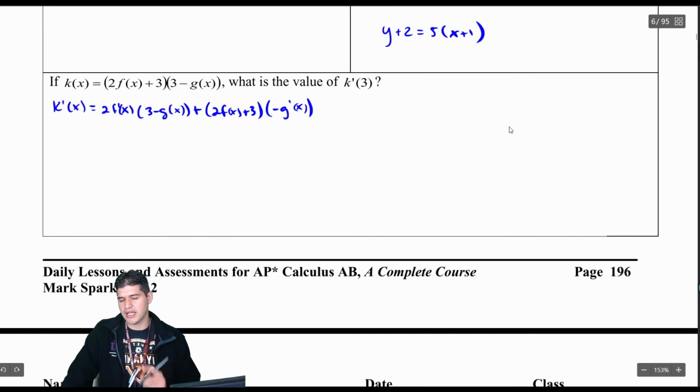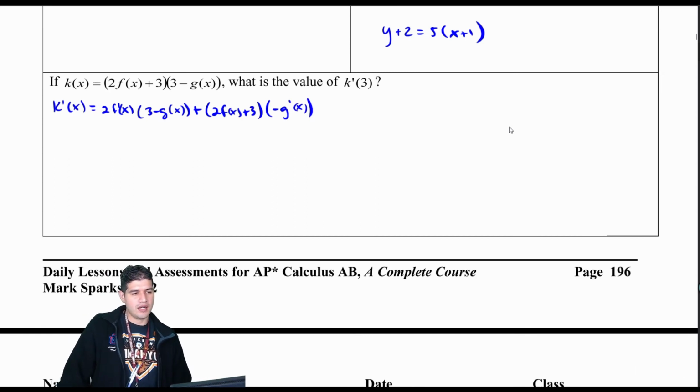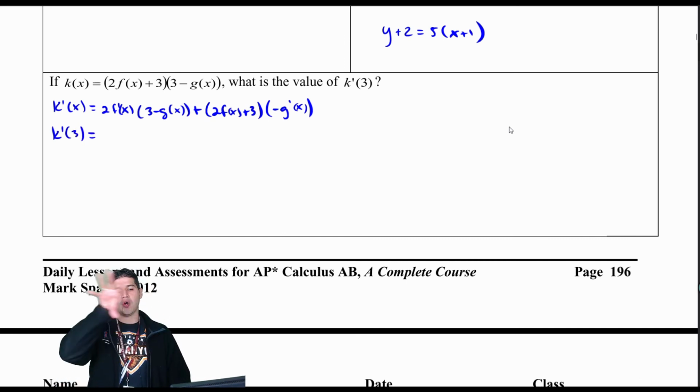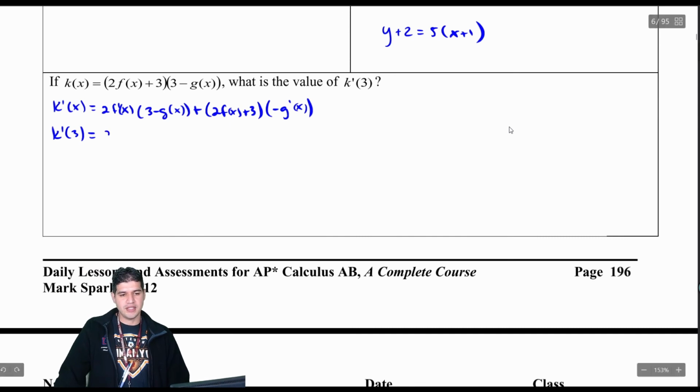Make sure you hold on to that negative sign there. All right, and we want to find what is k prime of 3, so let's substitute 3 in and then just do all the small problems after. So 2f prime of 3, 3 minus g of 3, plus 2f of 3 plus 3, and then negative g prime of 3.